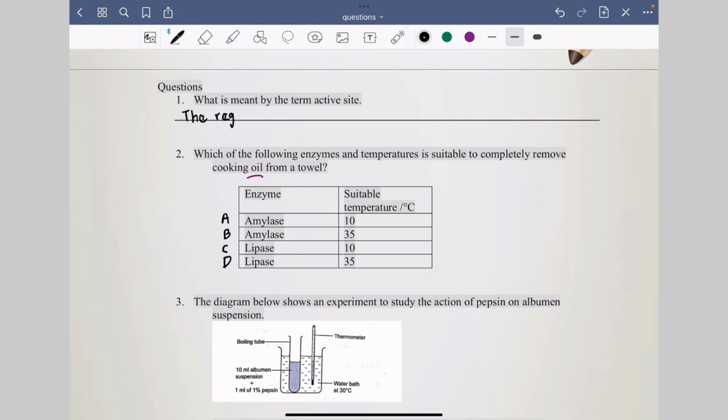The region of an enzyme to which the substrate binds.